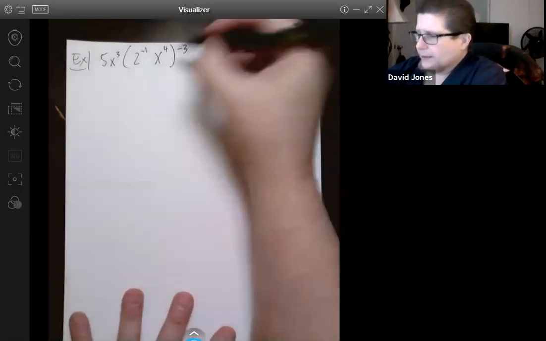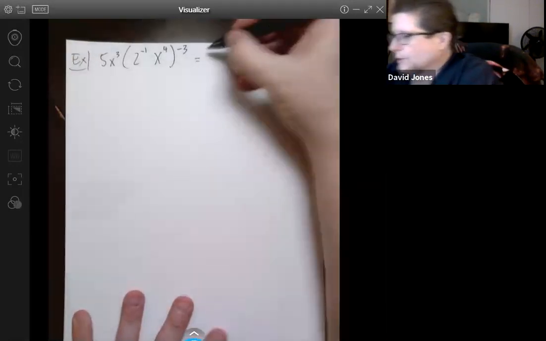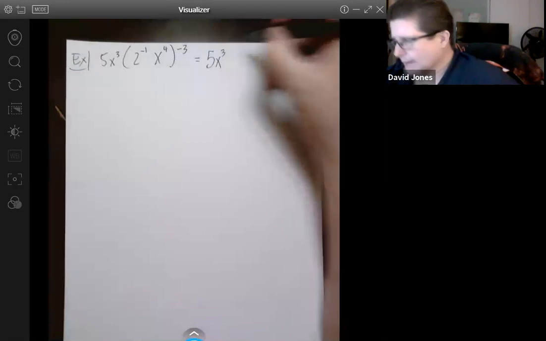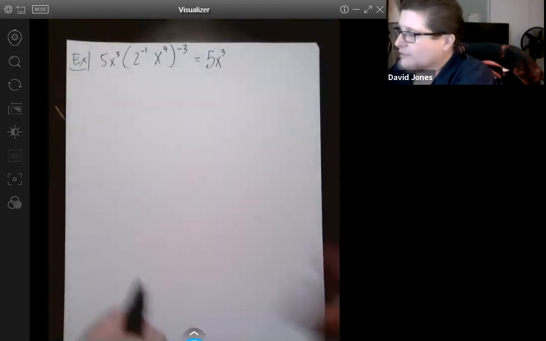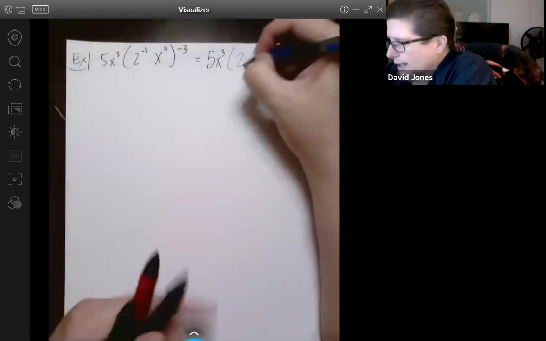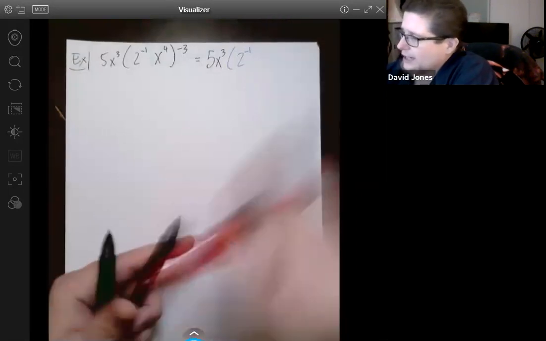All right, so the 5x cubed, nothing's happening so far. We're going to move that -3 in by multiplying that -3 times each of the exponents.